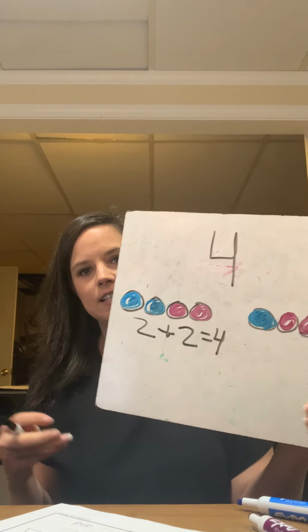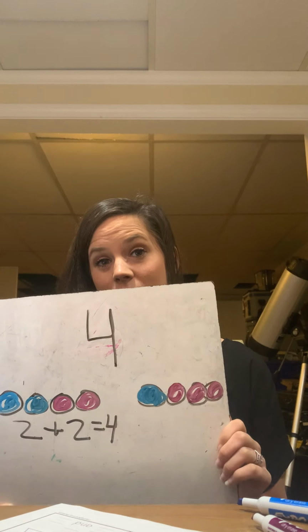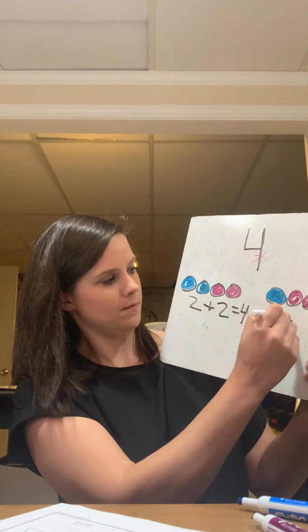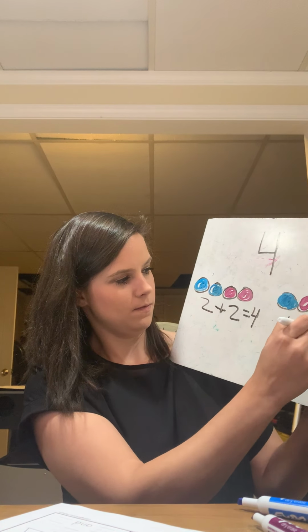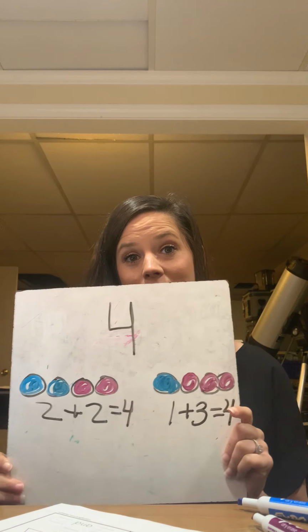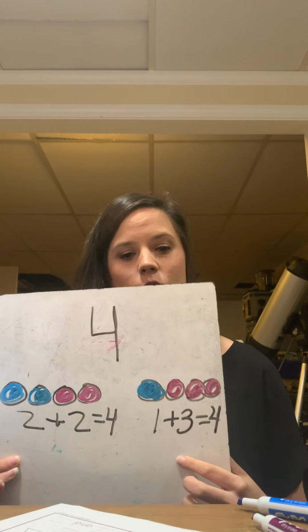So this sentence equals 1 plus 3 equals 4. Those are 2 ways you can make 4: 2 plus 2 and 1 plus 3.